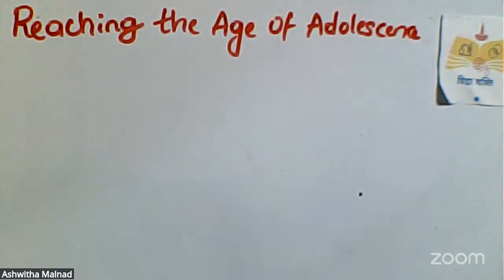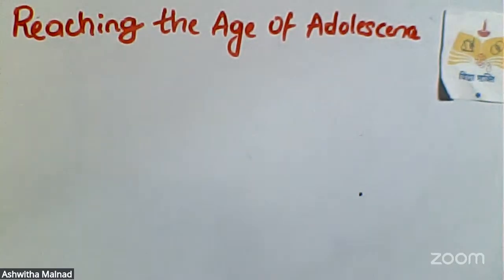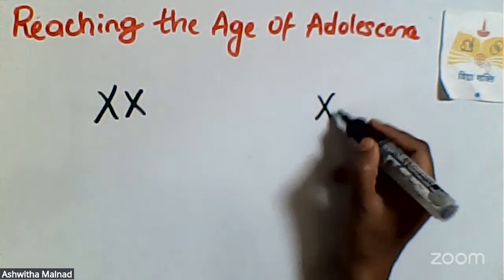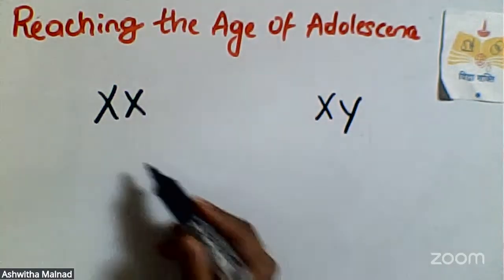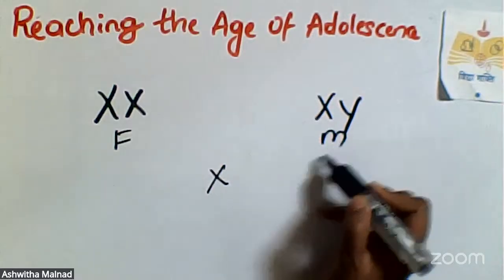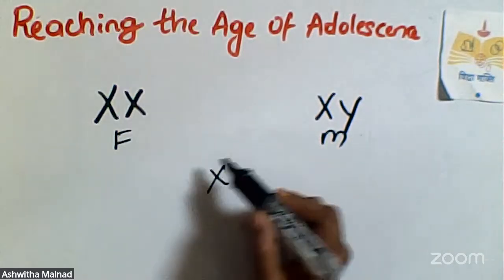So, we had discussed various topics of this particular chapter, and hormones was the last topic that we had discussed. How the baby girl or baby boy, the sex determination happens in humans, and a small recap of that. For a baby girl, we require XX chromosomes and XY for a boy. X is received from the female, and from the male, either Y or X is received.